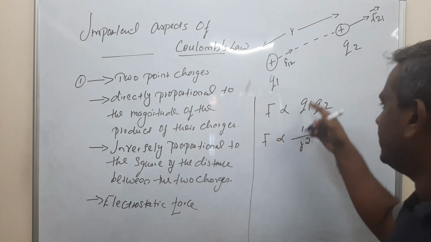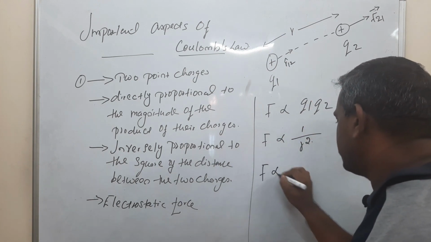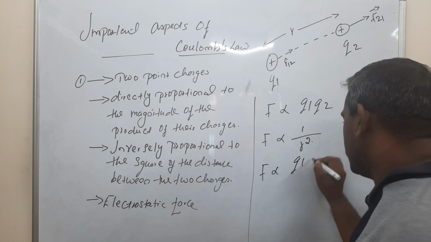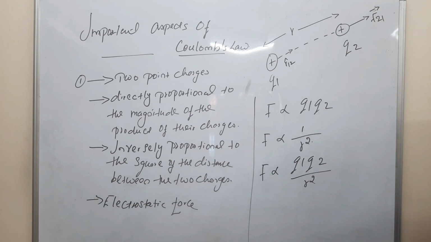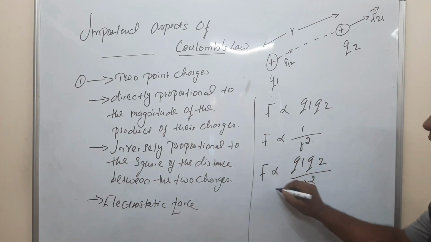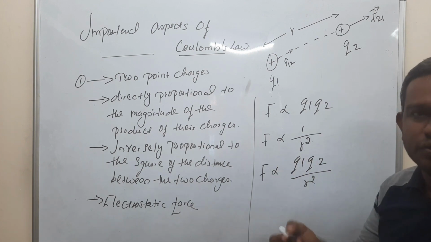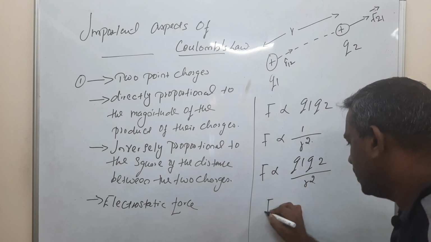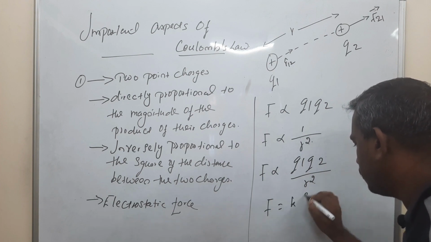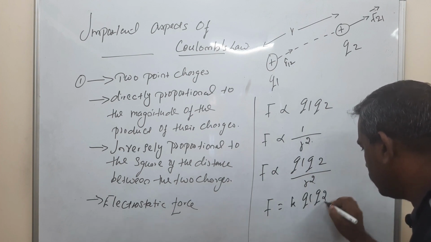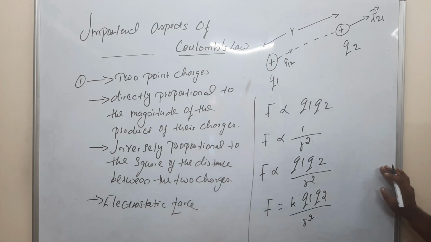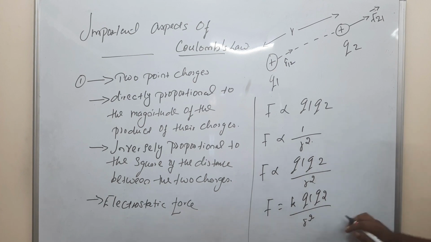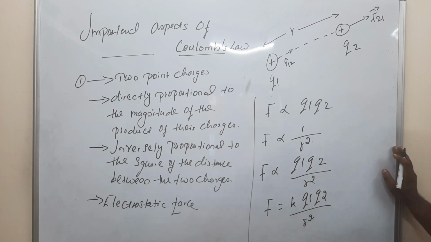Okay, so if we combine these two statements, we can write F is directly proportional to Q1 Q2 by r square. The proportionality sign can be changed to an equal sign by applying one constant, so F is equal to k into Q1 Q2 by r square.